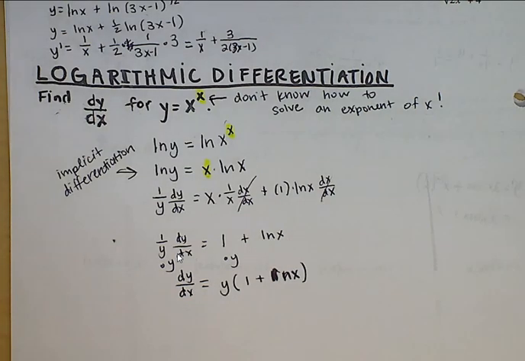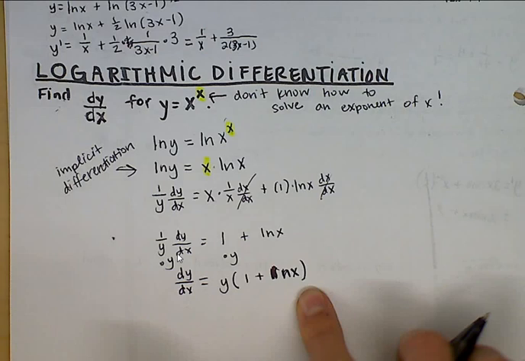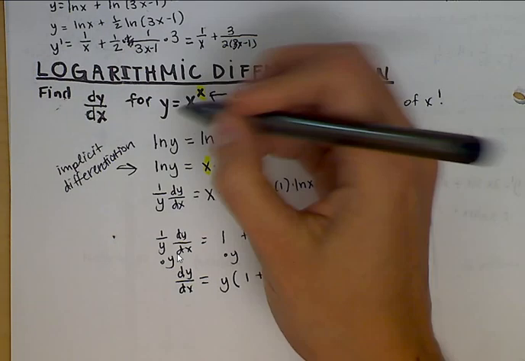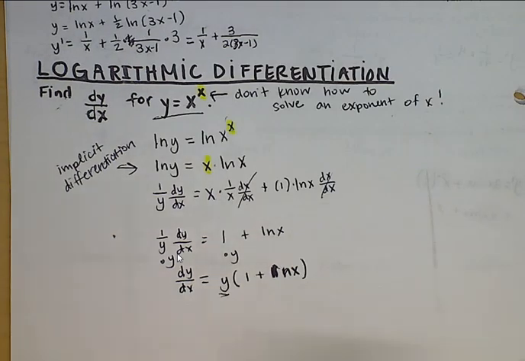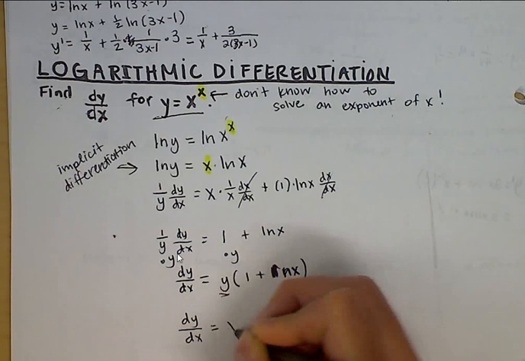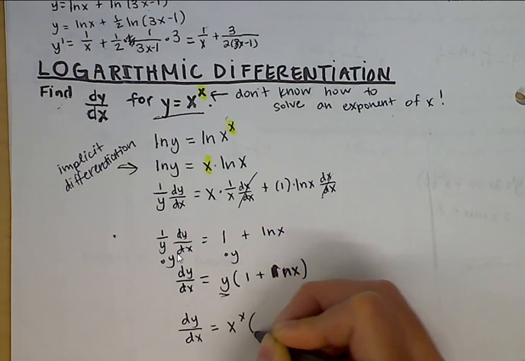And I need to use parentheses to multiply the whole thing by y. And then I can substitute this in for y, so that I only have it in terms of x. And I get dy dx equals x to the x times 1 plus ln of x.